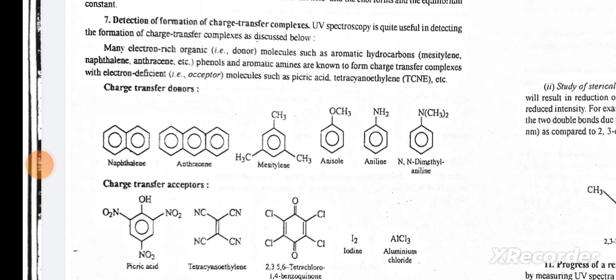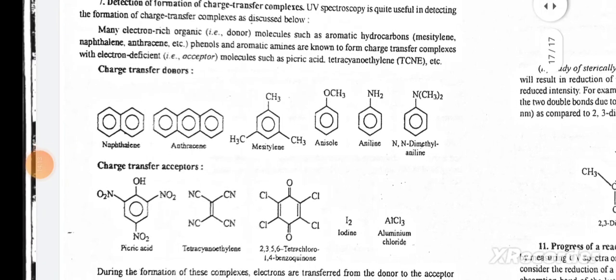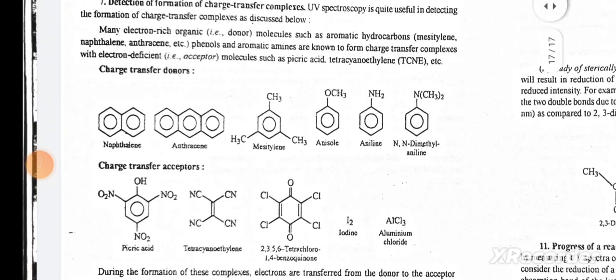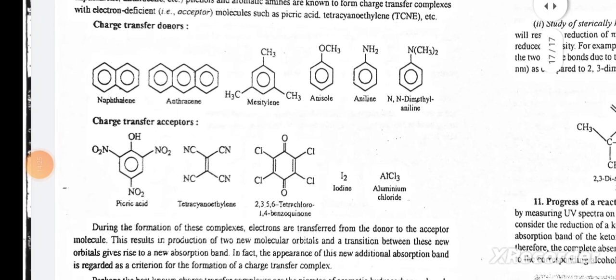Detection of formation of charge transfer complexes. UV spectroscopy is quite useful in detecting the formation of charge transfer complexes as discussed below. Many electron-rich organic molecules such as aromatic hydrocarbons, phenols and aromatic amines are known to form charge transfer complexes with electron deficient molecules such as picric acid and tetracyanoethylene.